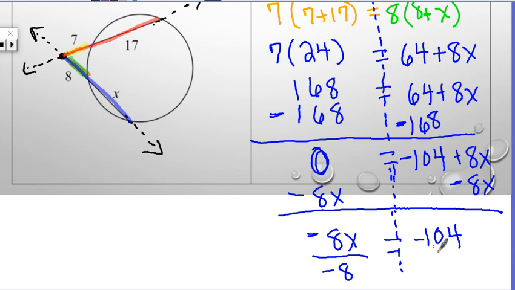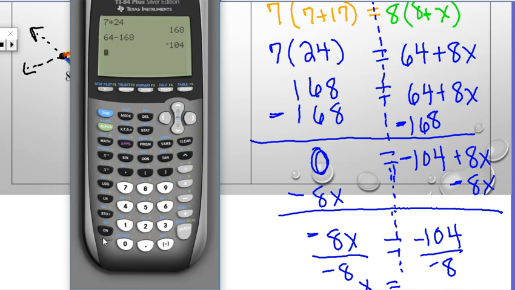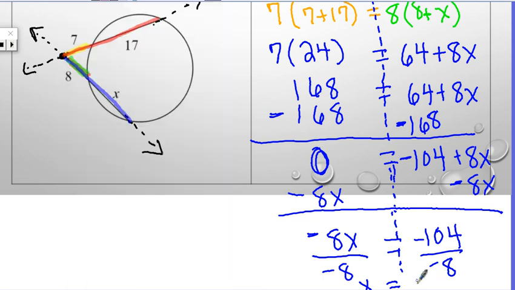Divide by negative 8. So we're done with switching stuff around. So x equals 104 divided by negative 8, which equals 13. So we got x equals 13 in this case.